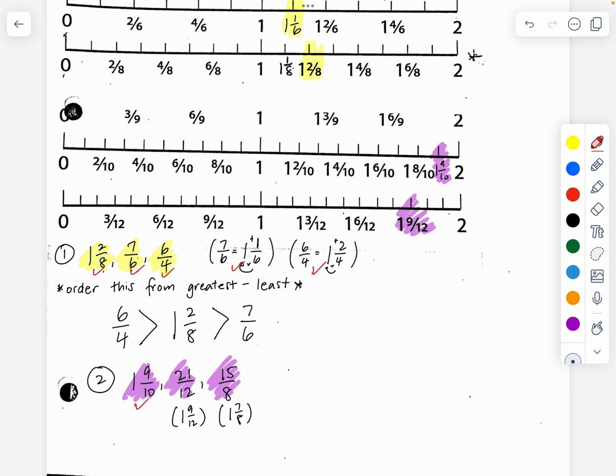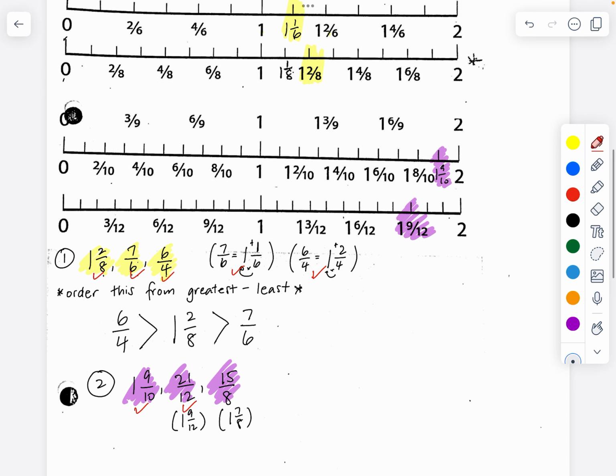And then 15/8, which is 1 7/8. I'm going to write that in just so that I know where it is. And there we go, 1 7/8. Okay, so I've taken care of all of those.